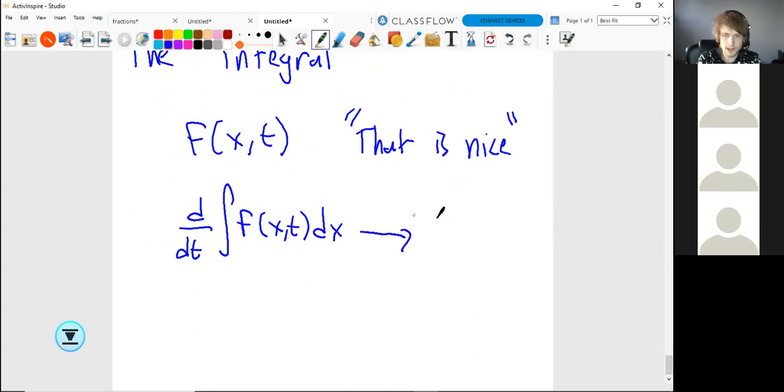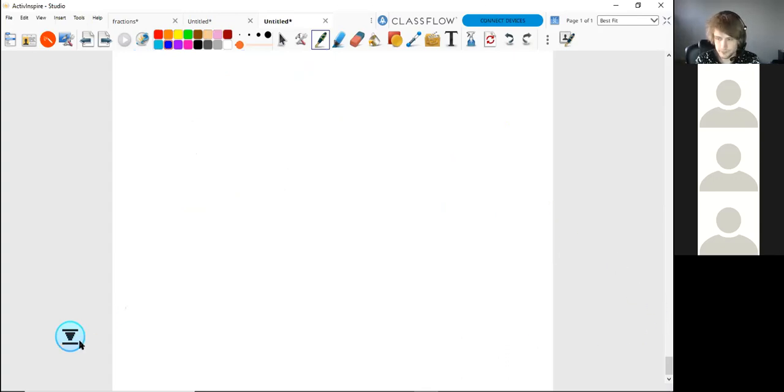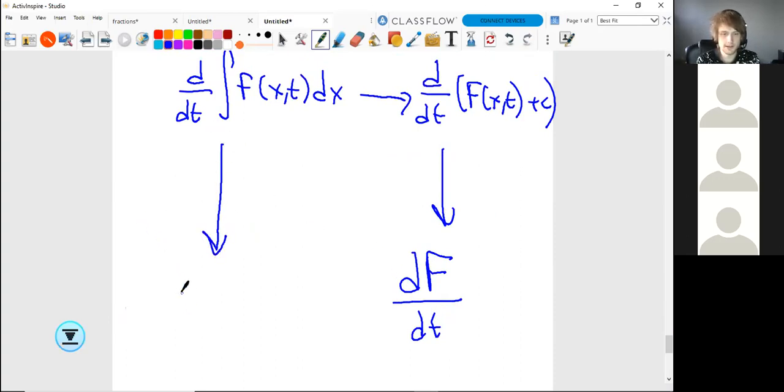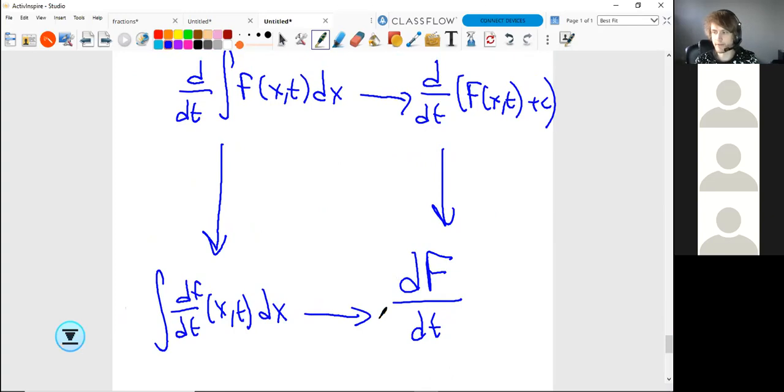We can first evaluate the integral in x as an antiderivative, and then take the derivative, so we get df dt. Or we can take the derivative first and then integrate in x, and we arrive at the same conclusion.